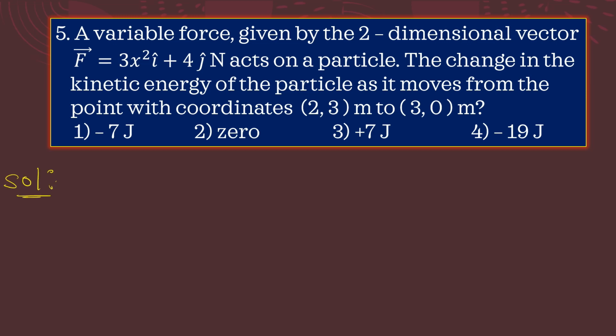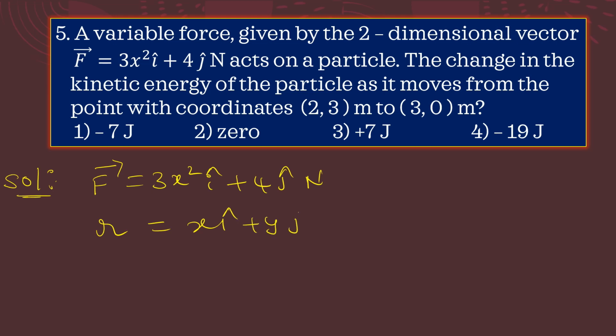In this question, they have given us F bar is equal to 3x square i cap plus 4j cap newtons, and R is the position vector x i cap plus y j cap.